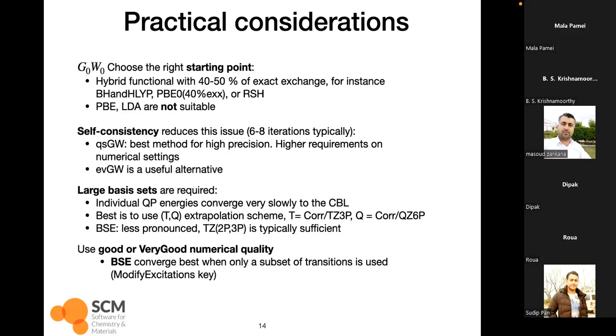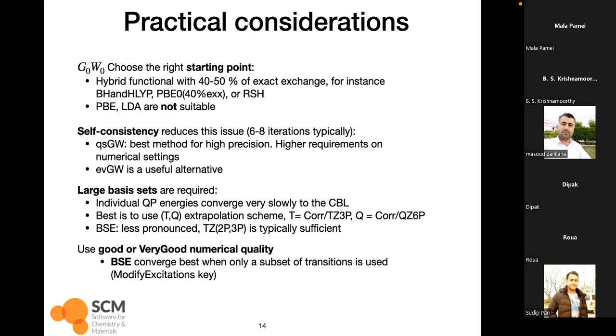Basis sets. For DFT, you are typically used to, let's say, TZP being good enough, and QZ, quadruple zeta, is not really needed. And if you look at individual quasi-particle energies, you have the problem that they converge very slowly to the complete basis set limit.